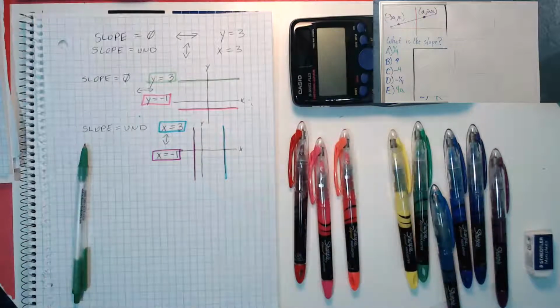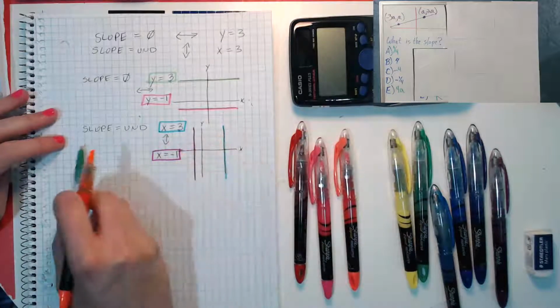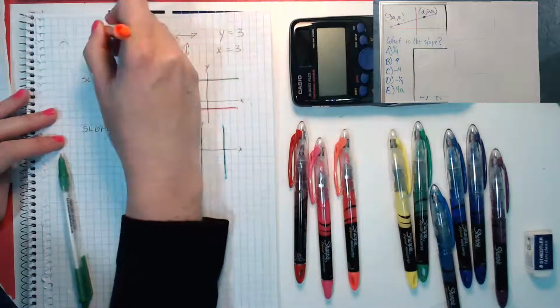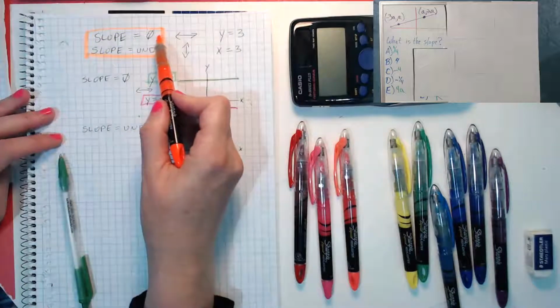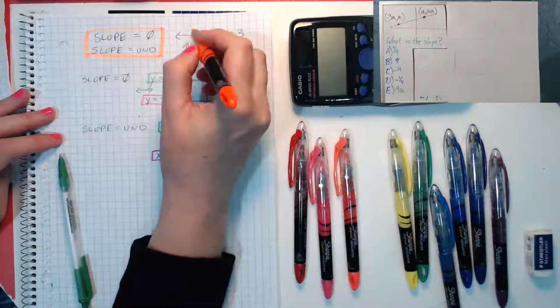But the main thing we need to put in orange to memorize, because they will use this in SAT questions a lot, is right here. If slope is 0, it's going to be y equals something. That means the line goes left and right.